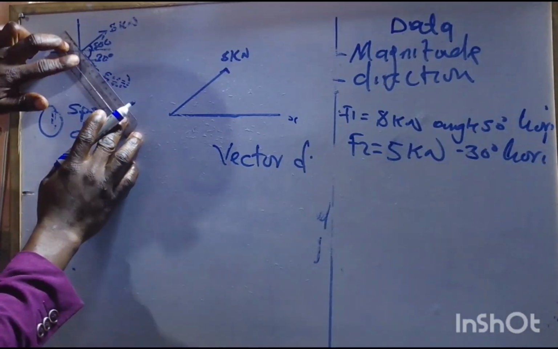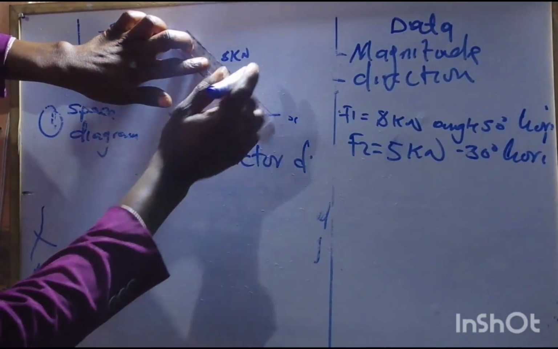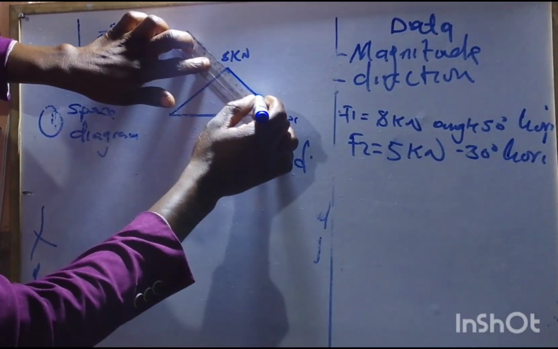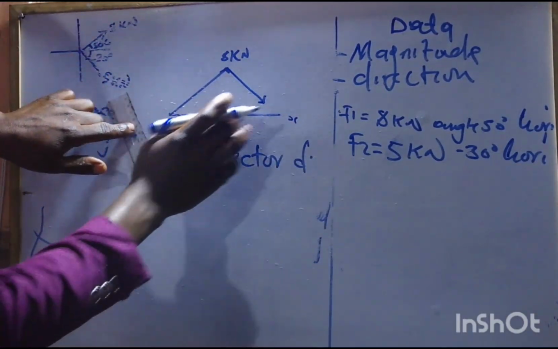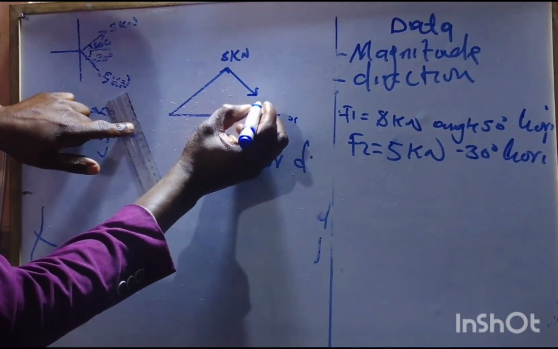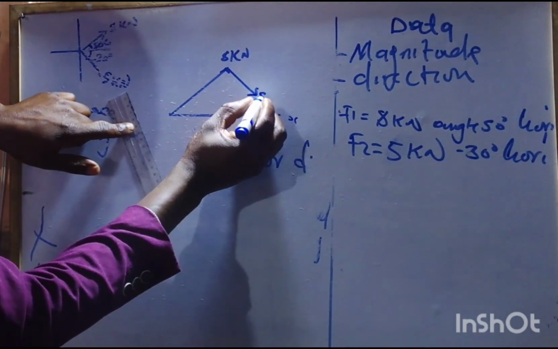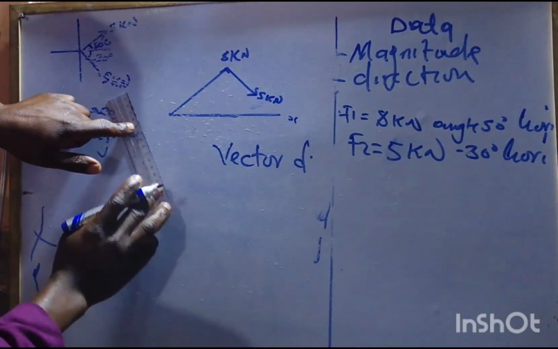So you take it the way it is here, then you take your ruler and take it to the vector diagram. So it will be like this, facing this direction here, which is 5 kilonewton.